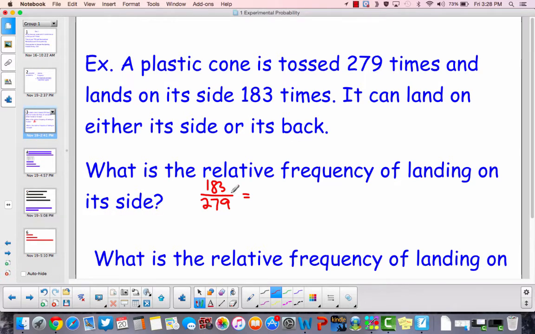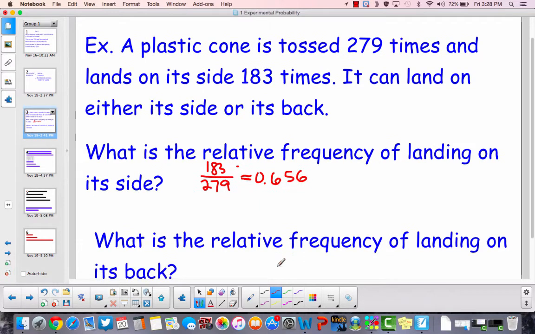Oftentimes when we're talking about a relative frequency, we go ahead and record it as a decimal. So if I take 183 and divide it by 279, I get approximately 0.656. That is the relative frequency. Well, what is the relative frequency of it landing on its back?